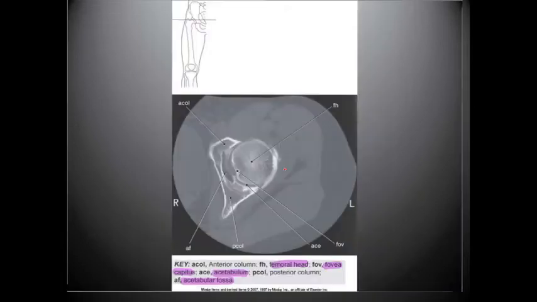Here we have an actual view of the hip joint. As we can see, we have the acetabulum, we have the femoral head, we also have the acetabular fossa. This is the fovea capitis.